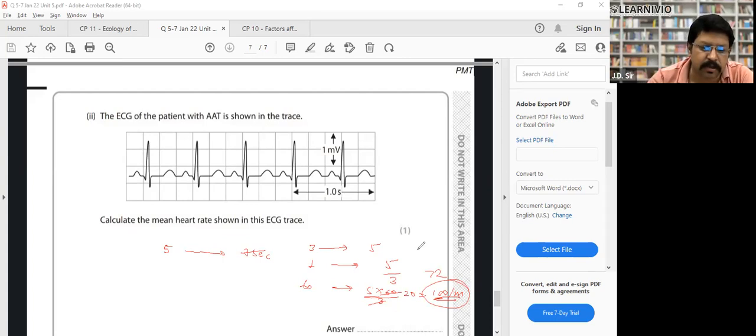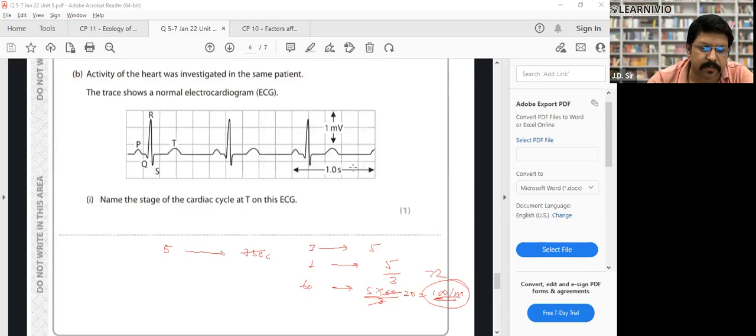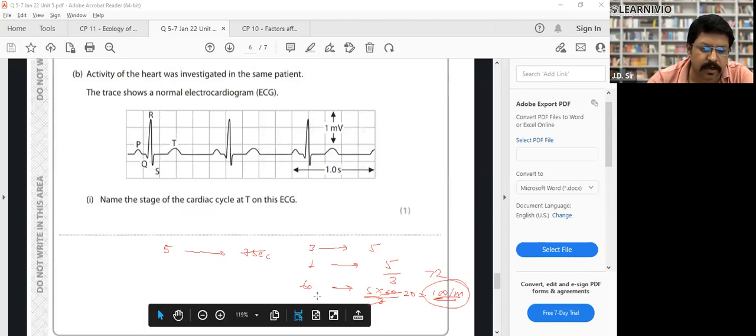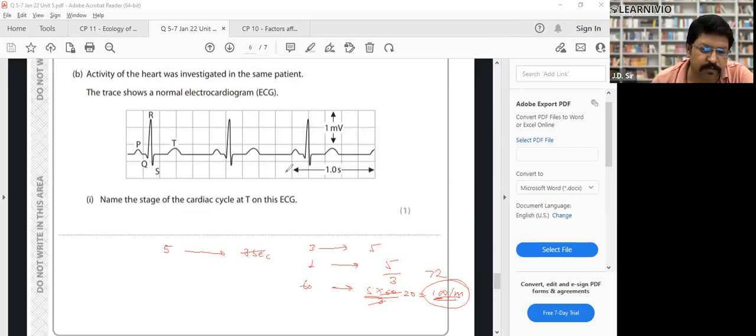Yes. Then we can calculate the same thing for the upper one. Again calculate the time here. I think the time should be 1, 2, 3, 4, 5, 6, 7, 8, 9, 10, 11, 12, 13, 14, 15. Yes, 15. And 1, 2, 3, 4, 5.